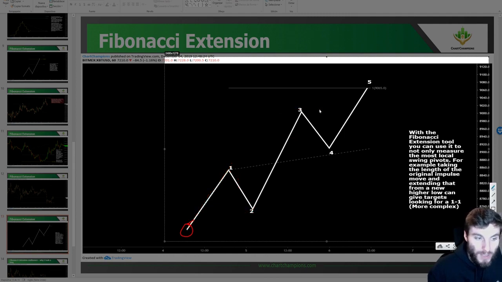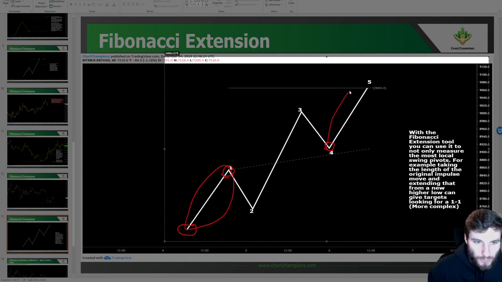What I've added here is much more complex, but this is another way you can use the tool, going from the low to the high, and instead of extending from this low, you can extend from the bottom of this low. That way you're looking for a 1-to-1 of the first impulse leg from the 4th low here.